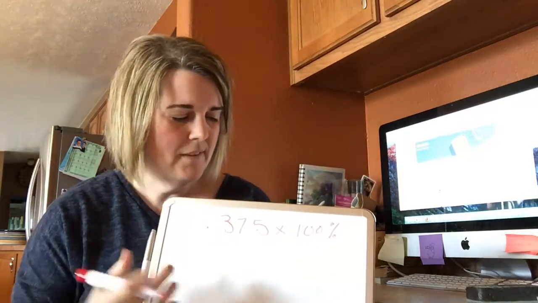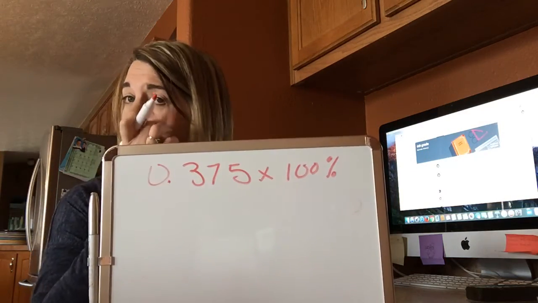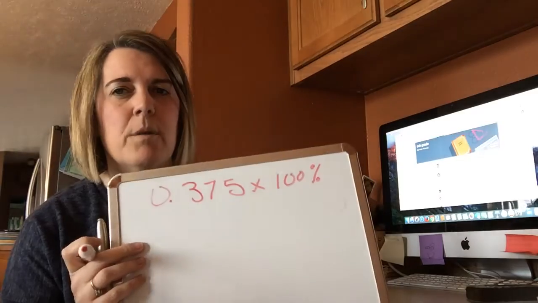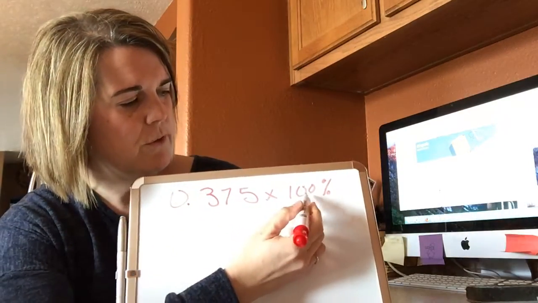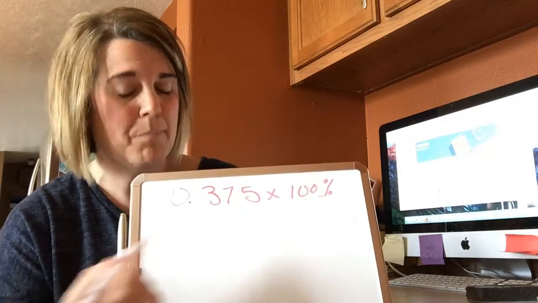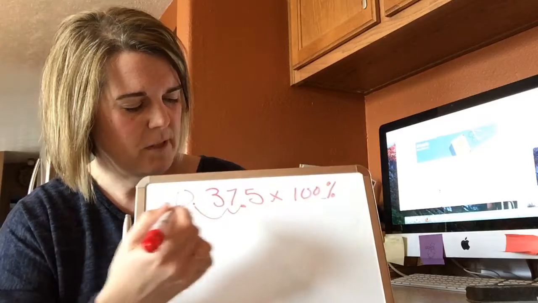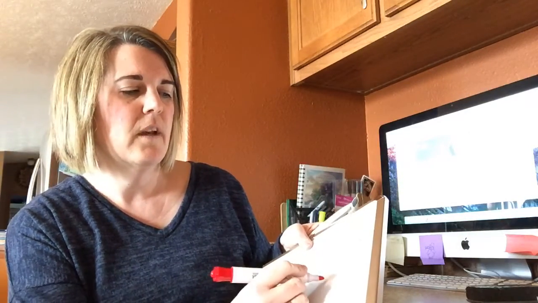So the same thing, we can do this in our head. How many times do you need to move your decimal? There are 2 zeros here, so we're going to move it twice. We're multiplying, so our number is going to get bigger. So we start where our decimal is, we go 1, 2, put our decimal in, and our percent is 37.5%.